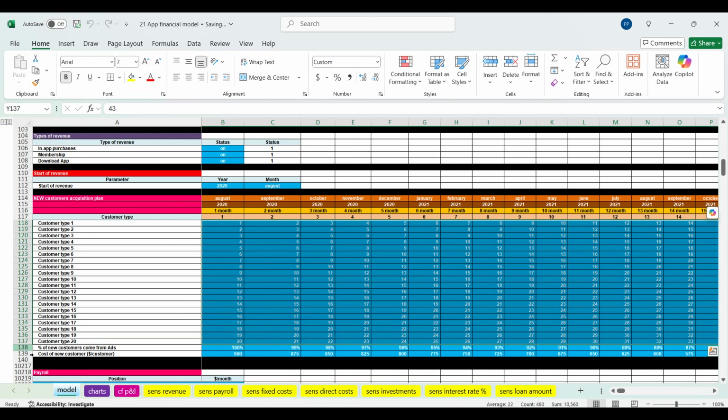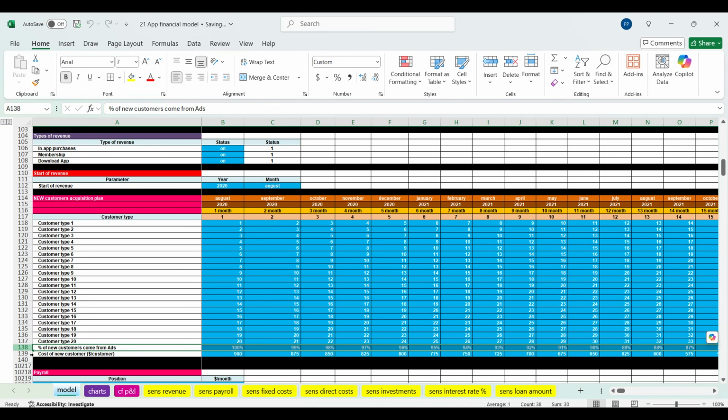And then this line shows us how many new customers come from the ads. So we are doing the ads, so we are spending the budget on ads, and according to this budget, we may also have some cost per one new customer.